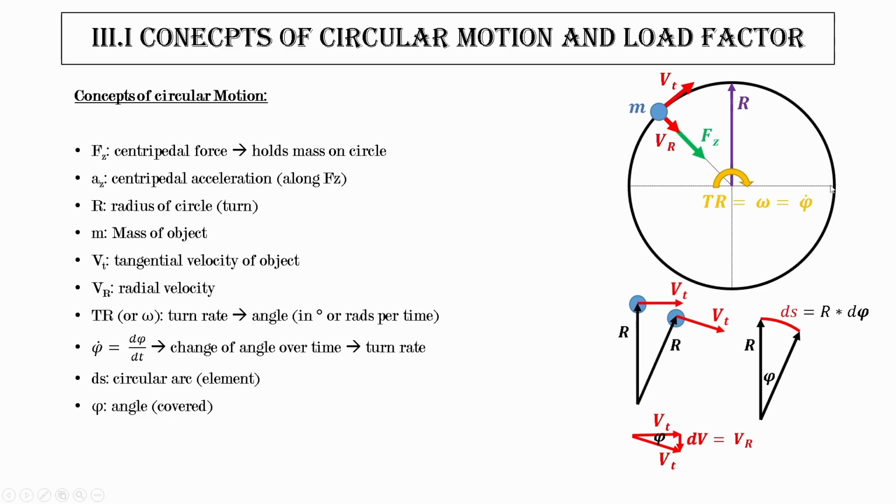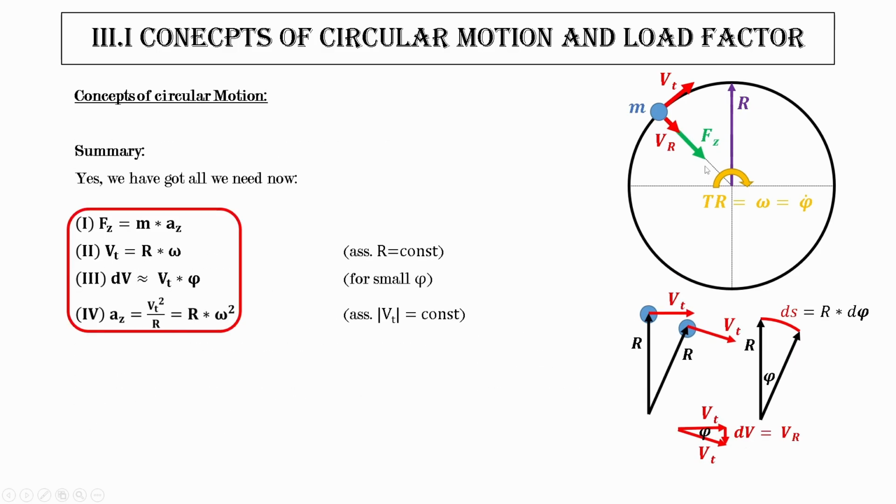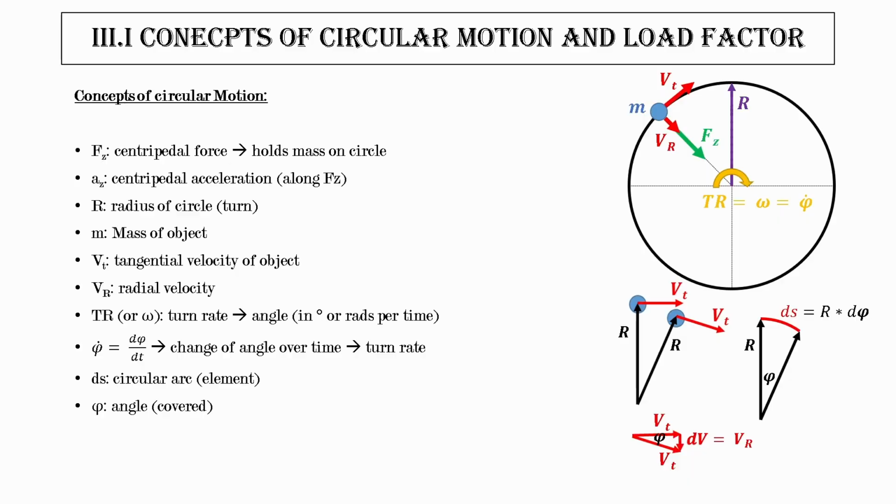Now, in this picture, which is a standard picture that you would see in your physics books explaining circular motion, you have the most important quantities shown that are also important for us when we are talking about dogfighting.